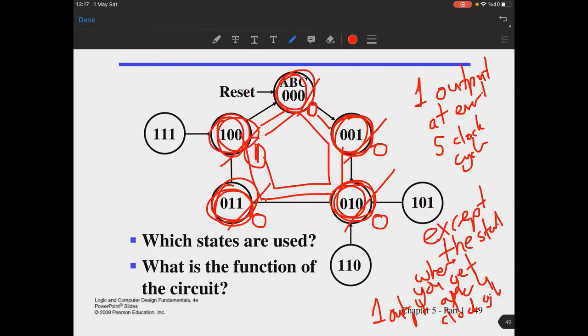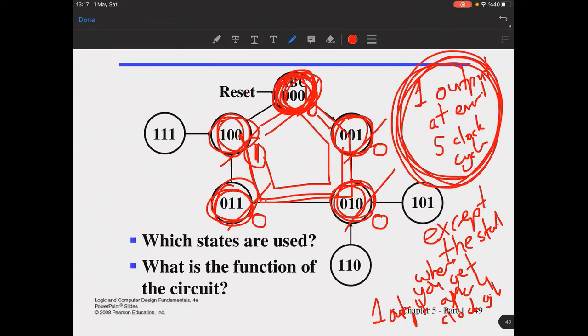Isn't that right? If you start it right here, it means that you will get the first one, only the first one, in 4 clock cycles, right? 1, 2, 3, 4. See? And then after the first turn, your circuit will give one output every 5 clock cycles, like 1, 2, 3, 4, 5, 1, 2, 3, 4, 5.